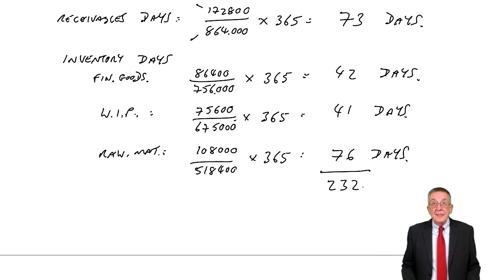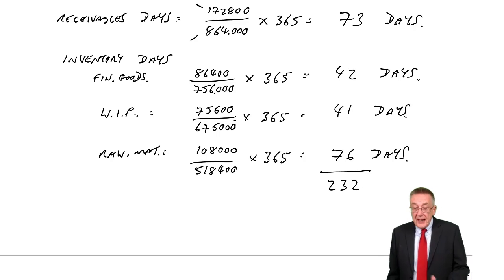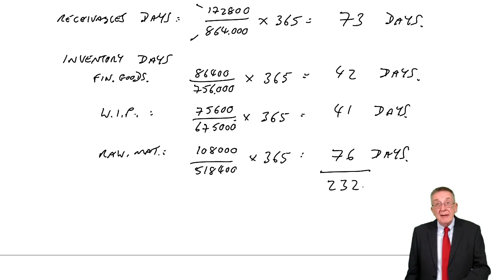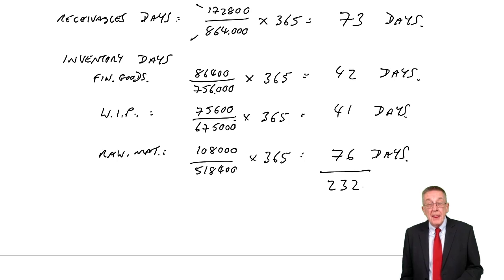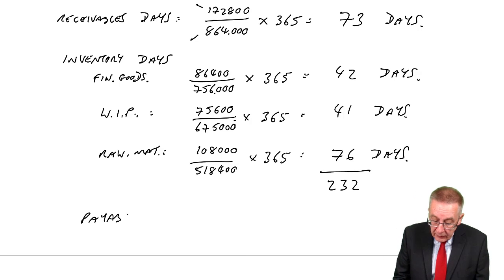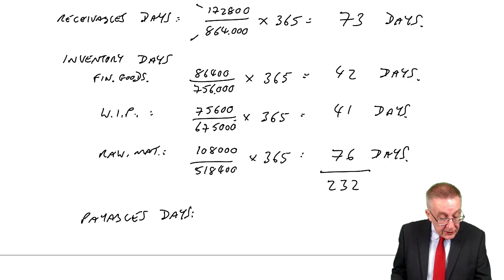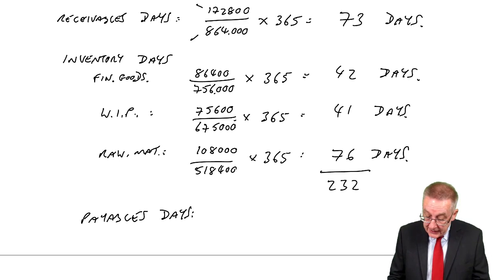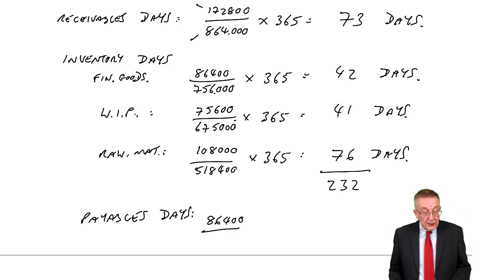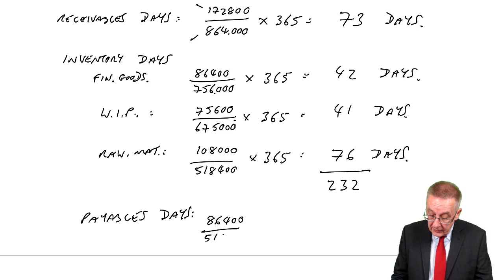As I hope I made clear earlier, the one thing that alleviates that is, of course, the raw materials we don't pay for immediately we buy them. We buy on credit. And so how long is it before we pay them? The payables days. The average payables are 86,400. Our purchases on credit 518,400.